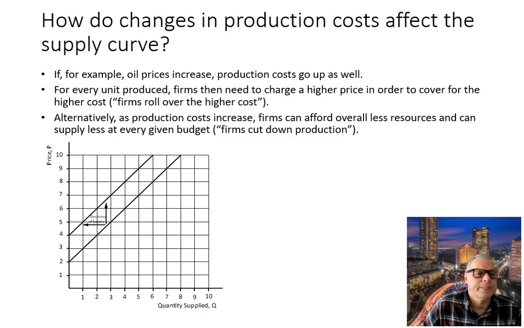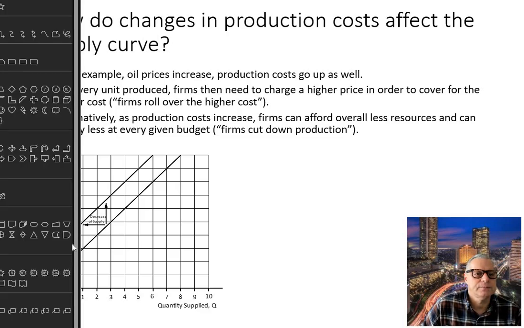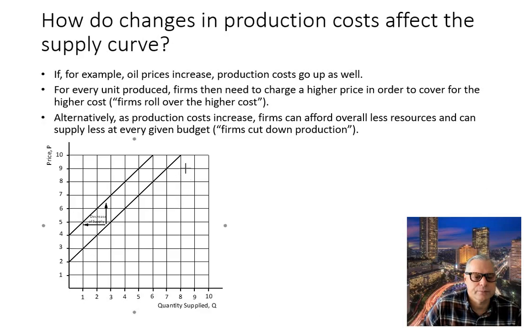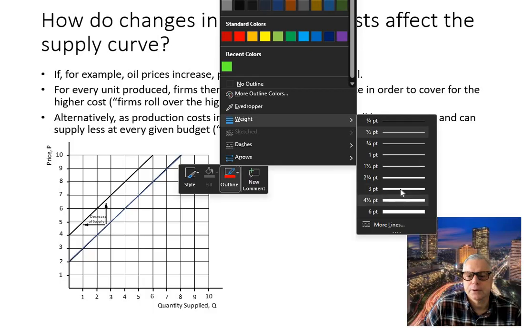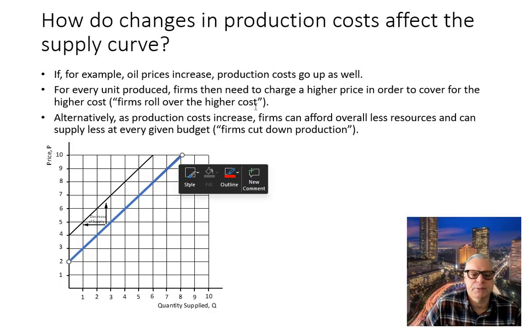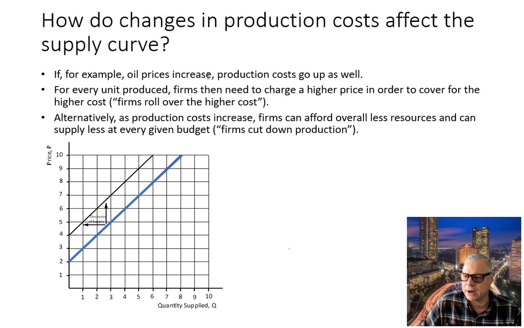Let's say this is our supply function. And now what happens is that, let's say the oil price goes up, and the oil price is an important factor in production. So if oil prices go up, typically energy prices go up, everything else goes up.